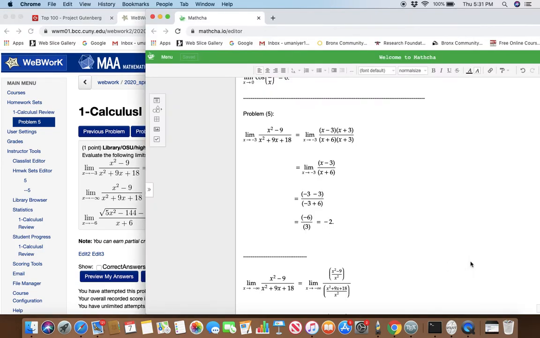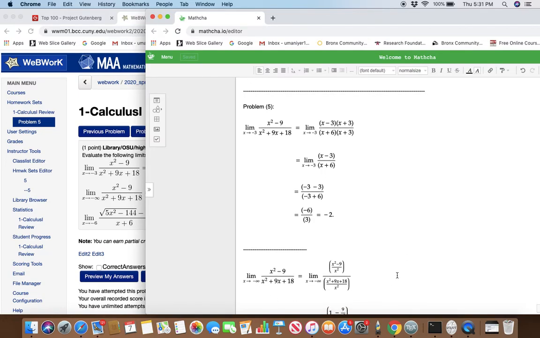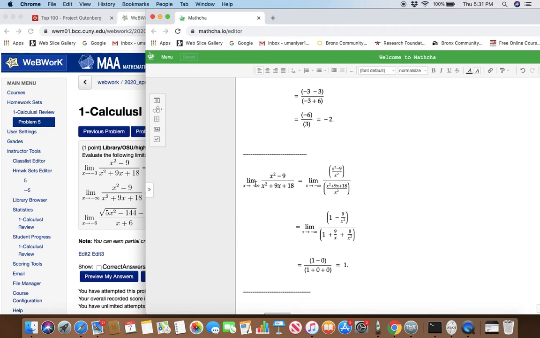Next, the same expression, x approaches negative infinity. Well, this is a rational function, guys, a polynomial over polynomial. Always divide by the highest power of x of the denominator. I divide by x squared upstairs and I divide by x squared downstairs.